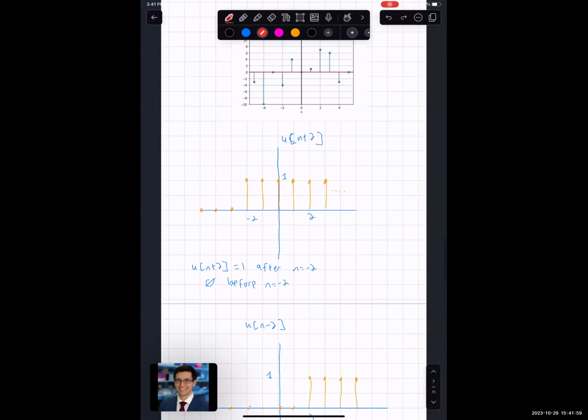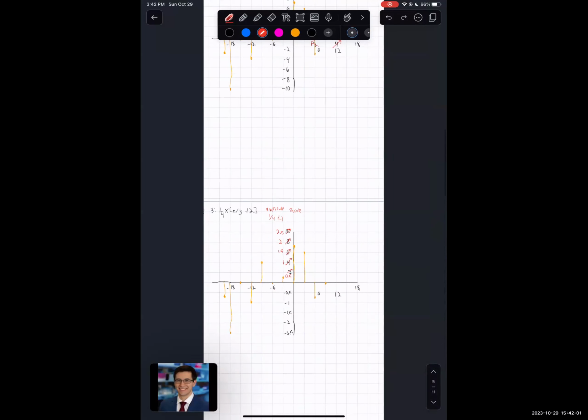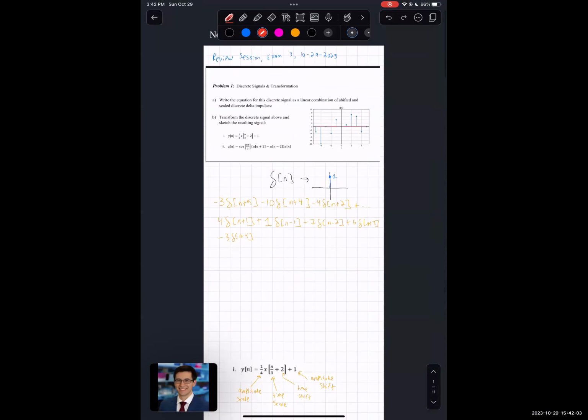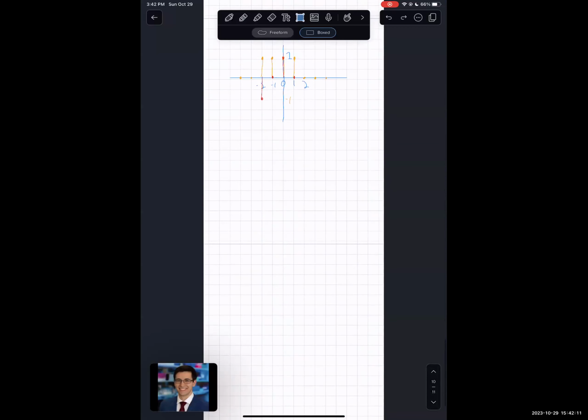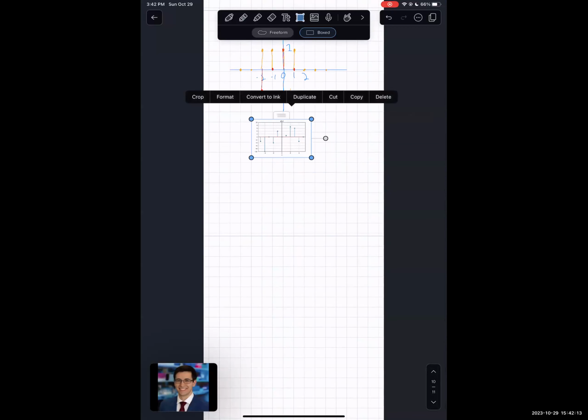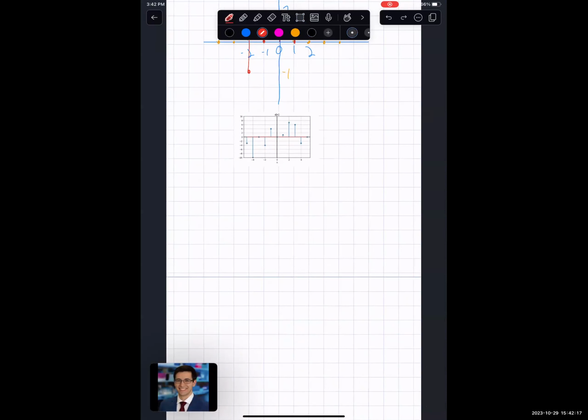Okay, so let's get our x of n. We're basically going to make this 0 at every time point except those 2 time points, at n equals -2 and n equals 0.